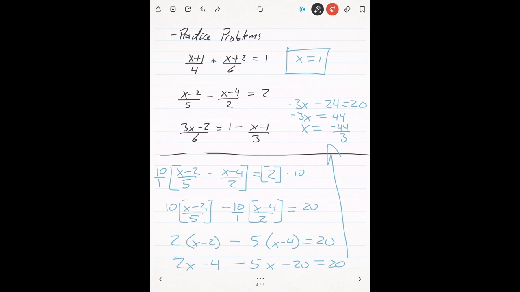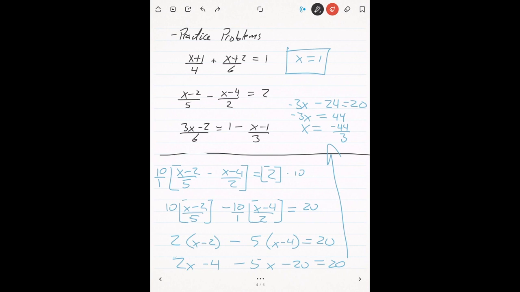Sometimes, if you don't use that method, if you just distributed the 10 and then simplified, people forget, wait a minute, I should really be distributing a negative 10 through. So something to keep in mind and be careful of, okay?